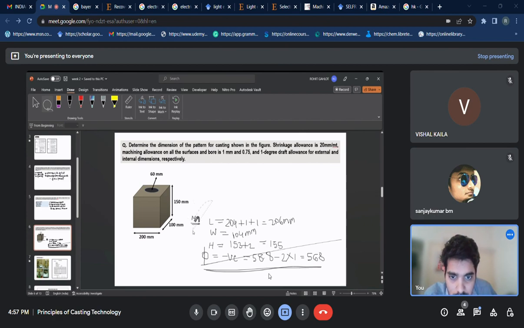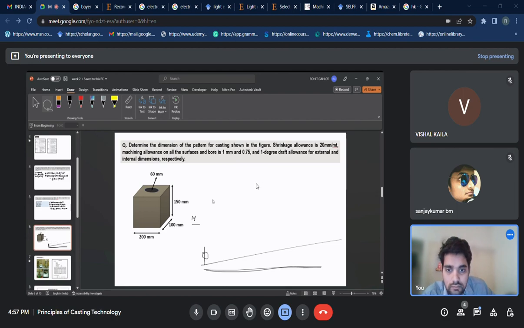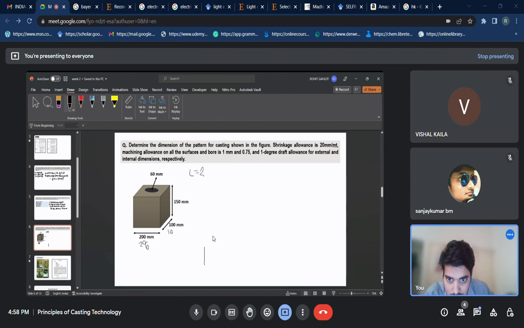So till now I think everything is clear. I will erase some part. So after considering all these two allowances, the length I have at present is 206.